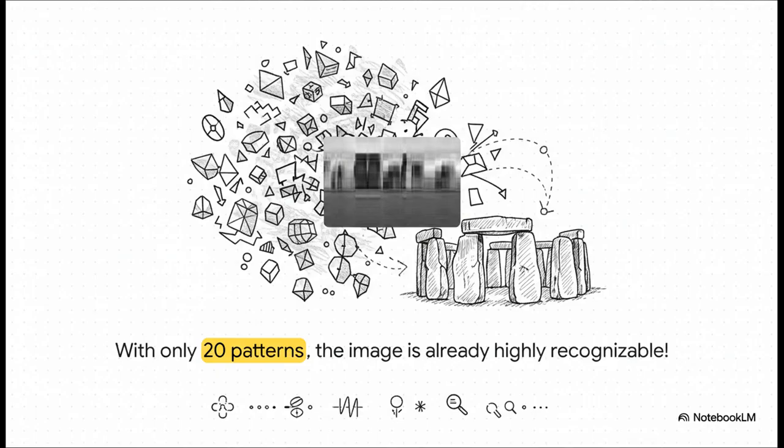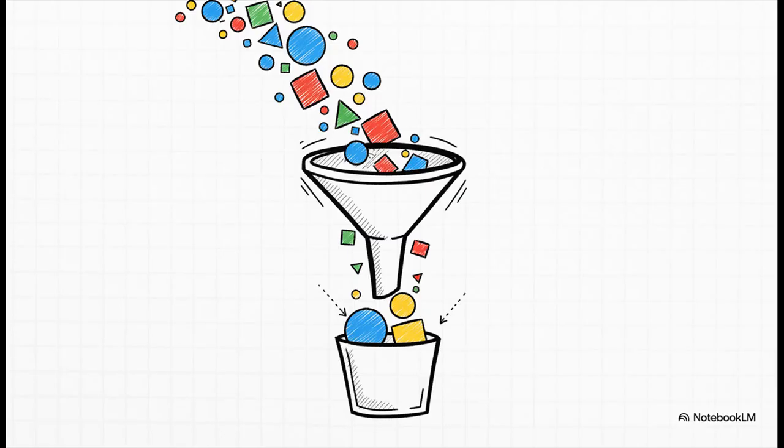But now, look what happens when we jump from just 2 patterns to 20. Wow, it's pretty incredible. With just a tiny, tiny fraction of the original data, the image is now unmistakable. That's Stonehenge. We've basically captured the soul of the image with just a sliver of the original complexity. And that is the whole point. This is the core of intelligent compression.